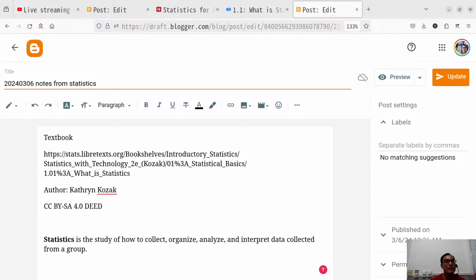Then you can have your notes. For example, to collect the information of men's height in Taoyuan.